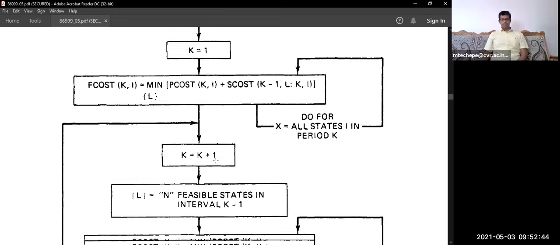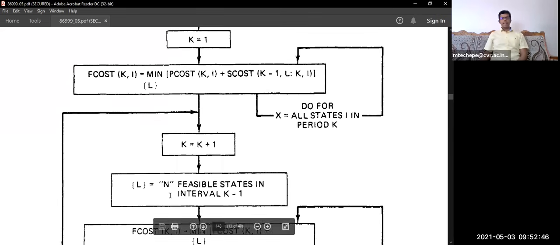Next, again, for all L, we consider the N feasible states in the interval k minus 1, so up to k minus 1 for feasible states.